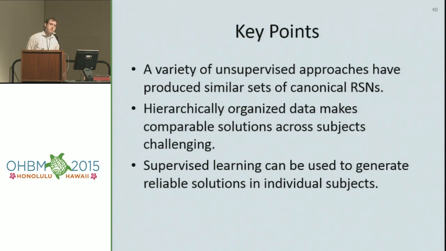But nevertheless, when you apply them to fMRI data, you get very similar networks. The question that has been keeping me busy for some time is: is there a mathematical reason that these completely different methods give the same answer? Or is it due to the data that we are analyzing that we get similar results?